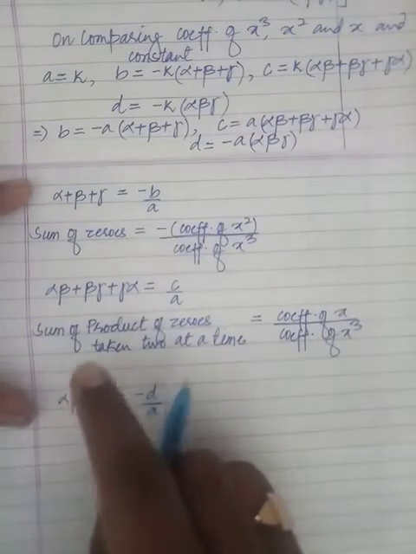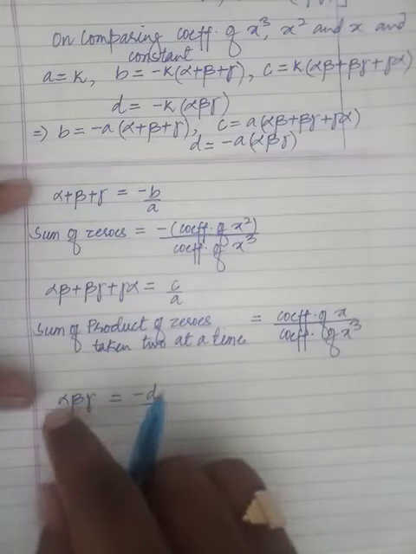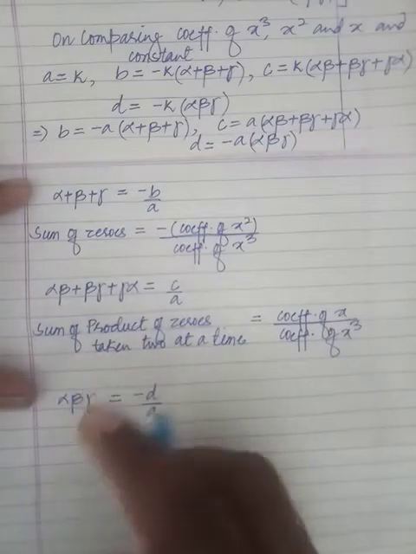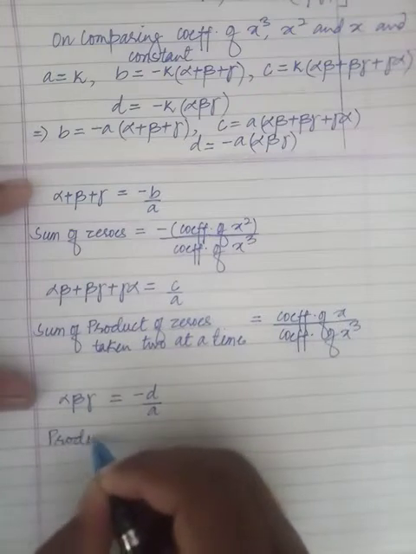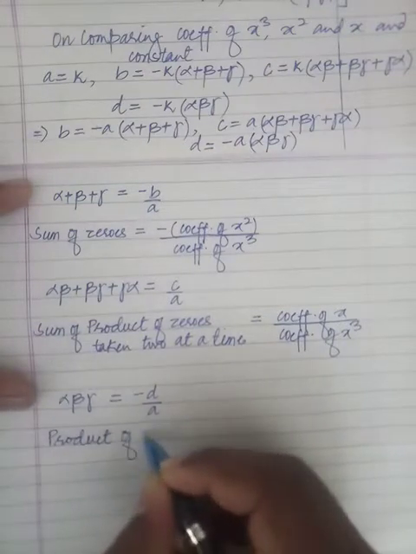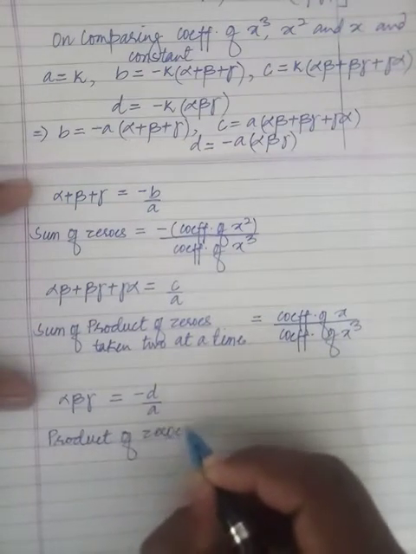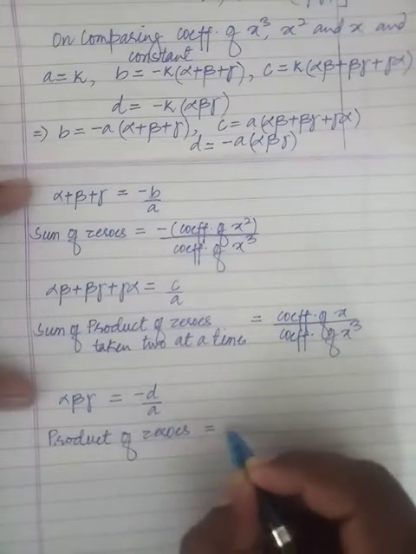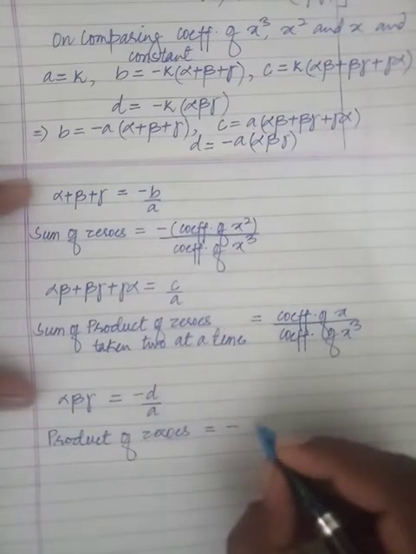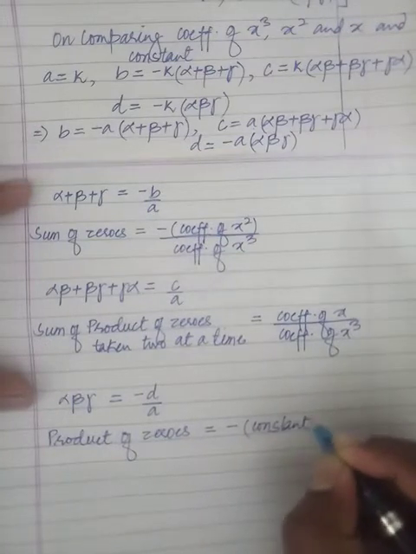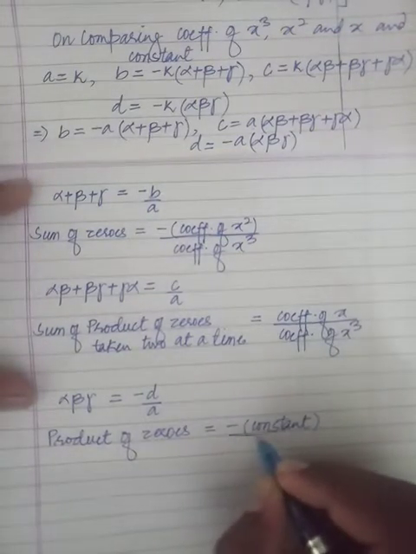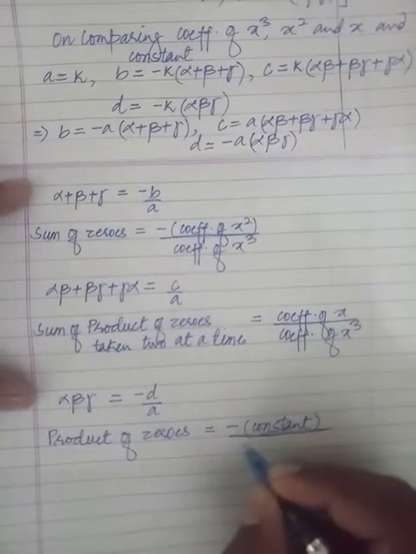These all zeros are in multiplication. So this is known as product of zeros. So product of zeros of a cubic polynomial is always equal to minus d upon a, where d is the constant and a is the coefficient of x cube.